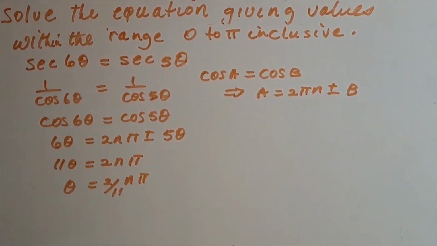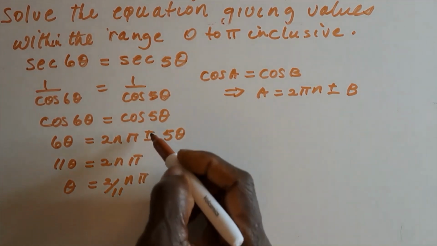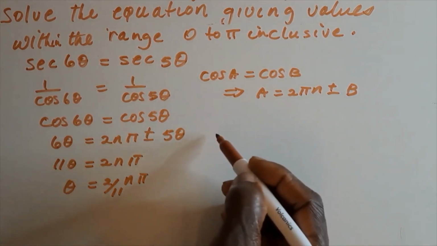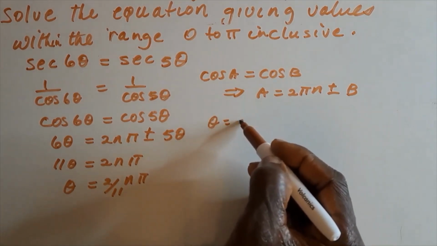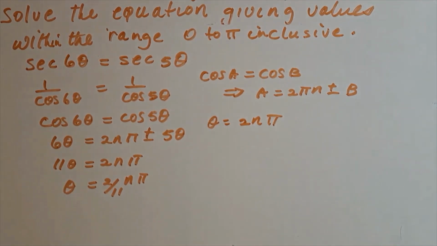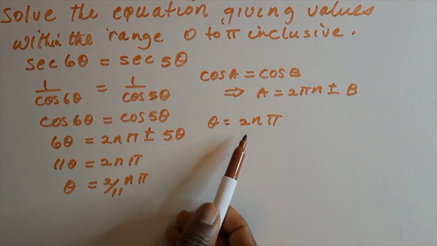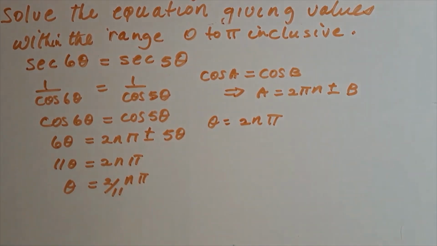The other option, if we take the positive version of this, will give us theta is equal to 2n pi. It doesn't give us anything new. For 0, if n is equal to 0, then theta is equal to 0, and we'll take care of that in this version of theta.